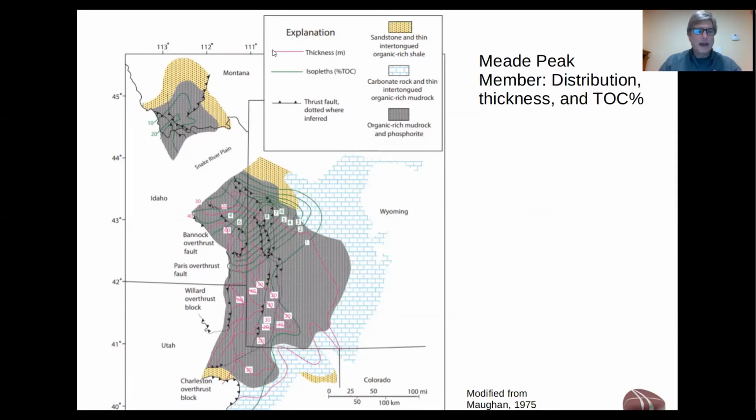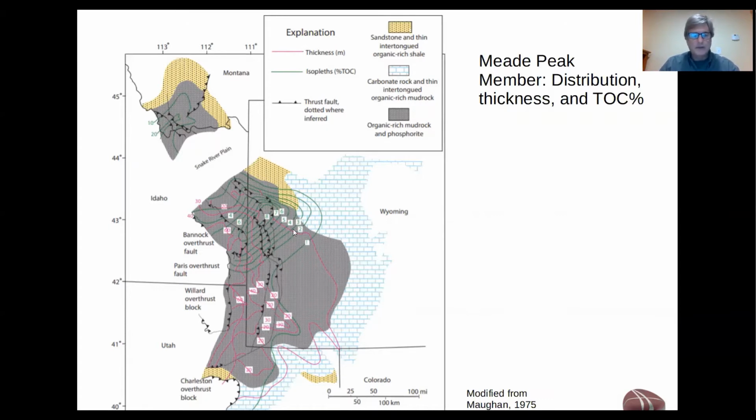And you also see on this map thicknesses. This is an isopach map. The thicknesses are contoured in pink. And then also isopleths. Now, these contours show the percentage of TOC, total organic carbon, within the Mead Peak member. So you see there's a relatively thin, actually less than 1 meter thick, occurrence of Mead Peak phosphatic mudstone in southwestern Montana, and it has a relatively high TOC, but it's, again, very thin.